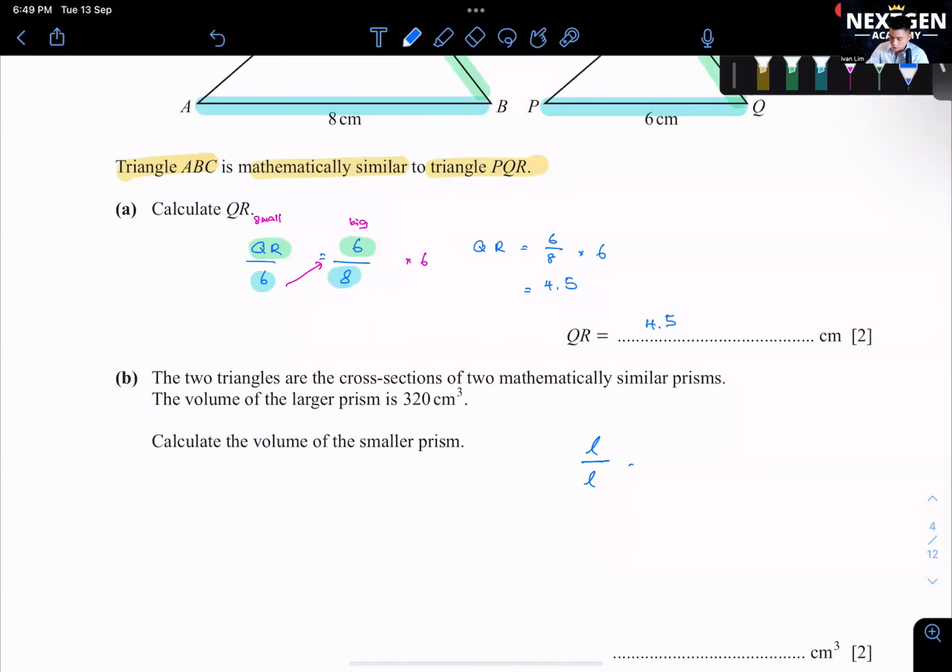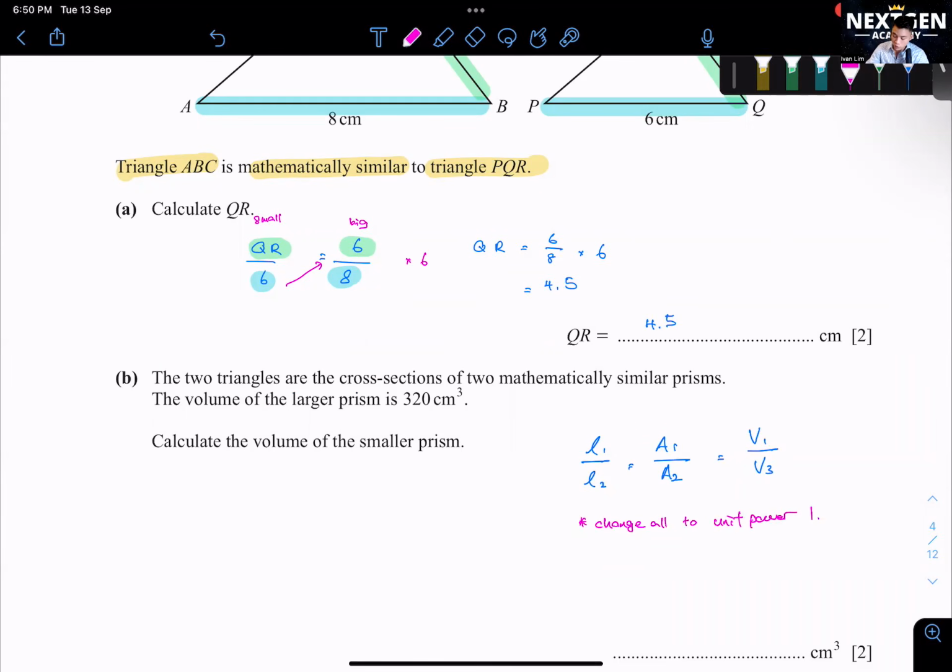If you don't know how it works, it's like this. Length 1 over length 2 equals area 1 over area 2 equals volume 1 over volume 2. The key to comparing is that you want to change all to unit power 1. This is the easiest way to do it.